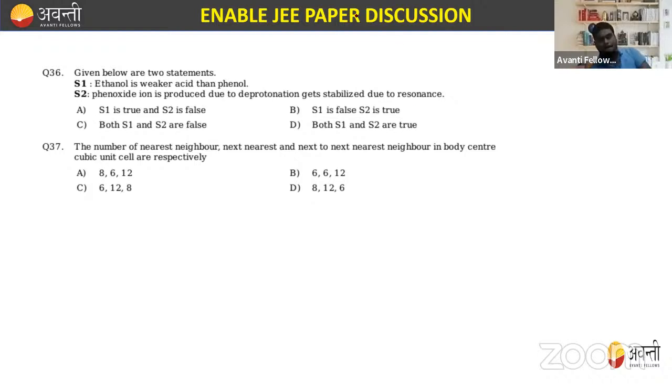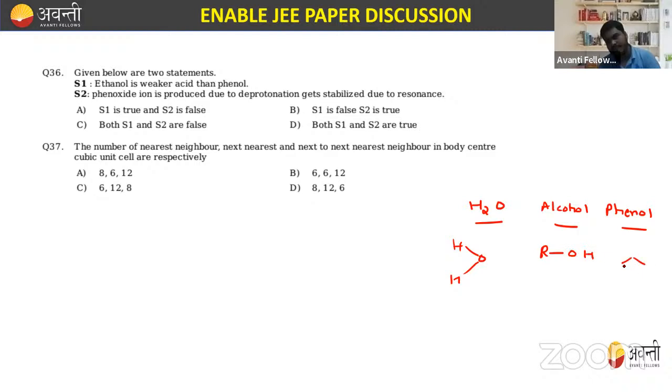So we all know that if I'm comparing water, alcohol, and phenol, and someone asks which one is a good acid, alcohol has the formula ROH, and phenol is C6H5OH.